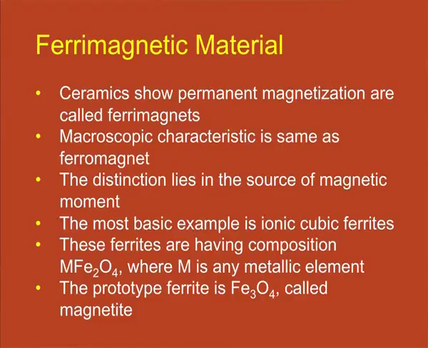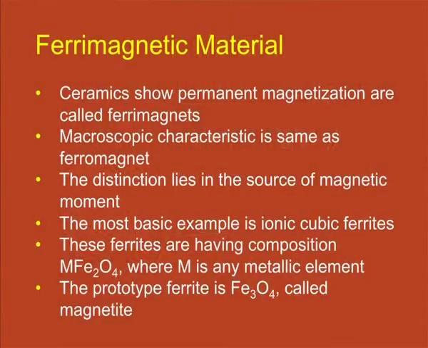We have discussed antiferromagnetic material, and similarly ferrimagnetic materials can also be presented in terms of the interaction of the spin magnetic moment between the neighboring atoms, and the spin magnetic moment here are such that the strength of the magnetic moment in one atom is higher than the strength of the magnetic moment in the other atom. Usually the ferrimagnetic materials are ceramics which show permanent magnetization.